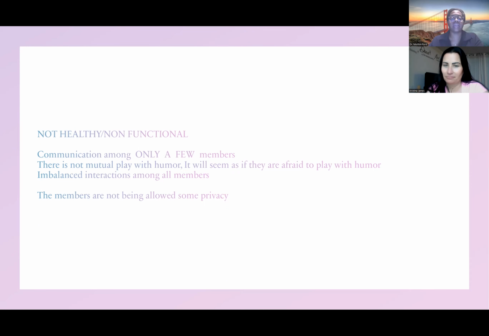Exactly. And there's not mutual play or humor, and it seems like the person is afraid. The interactions are imbalanced. Something just was off about that person, and so that would be the feel of what you would see.